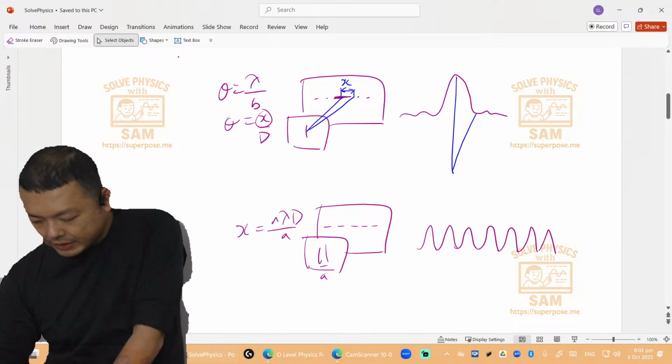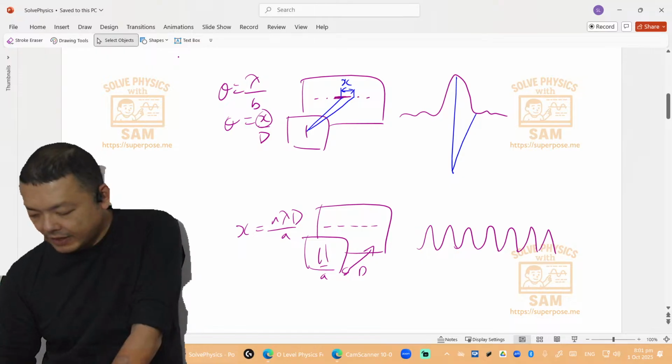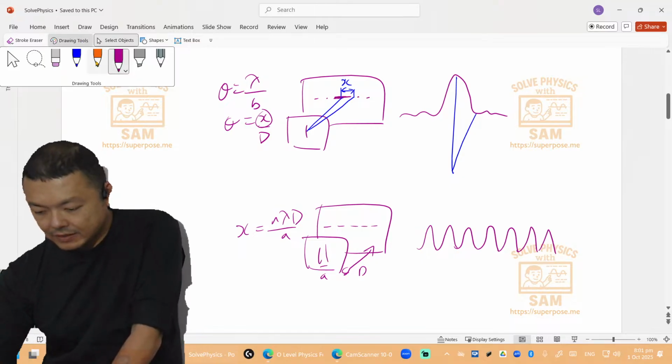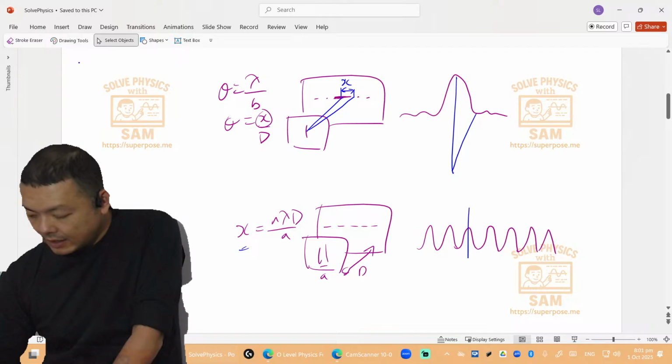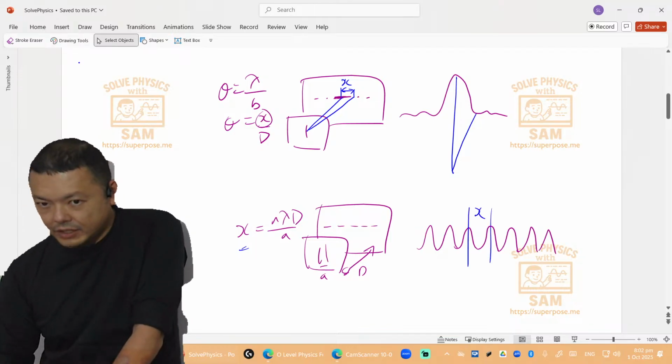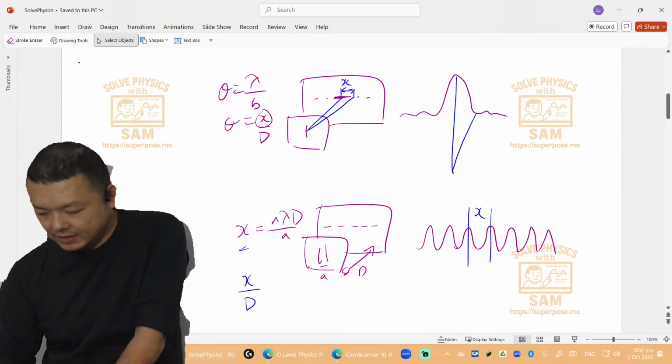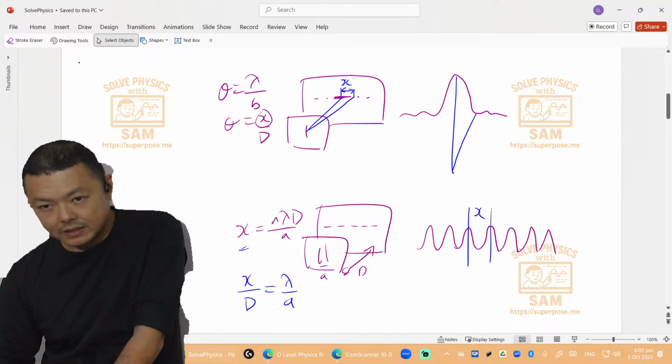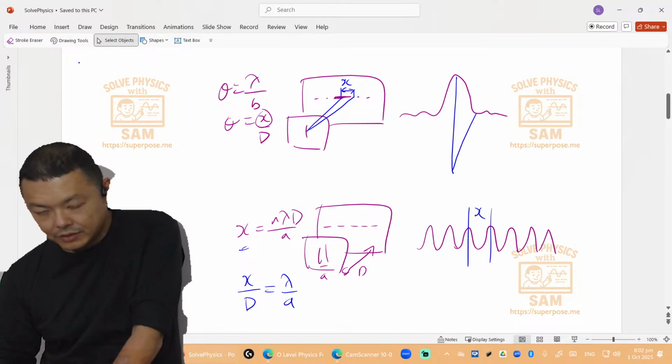So a is the slit separation, d is the distance to the screen, lambda is the wavelength, but what is x? Yeah, x is the fringe separation. Did you ever do this before, whereby you can rearrange this equation, x over d equals lambda over a? Do you see that before?